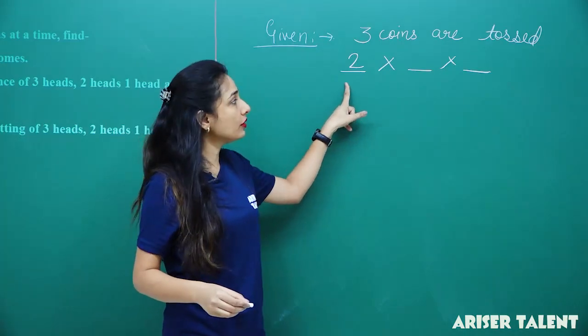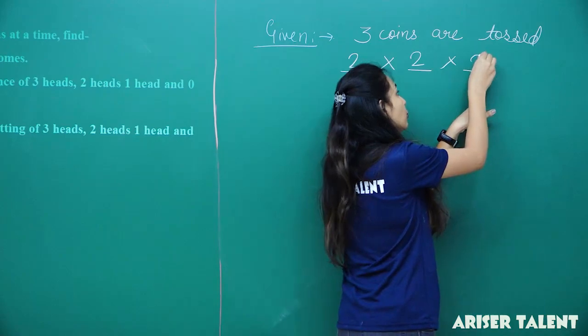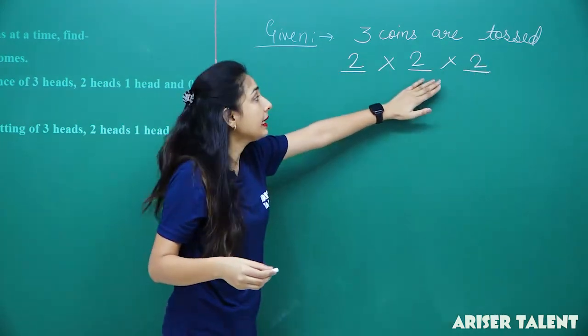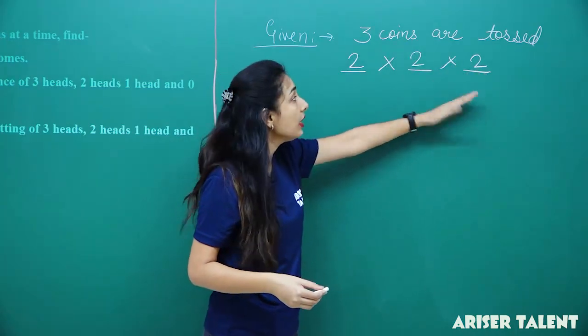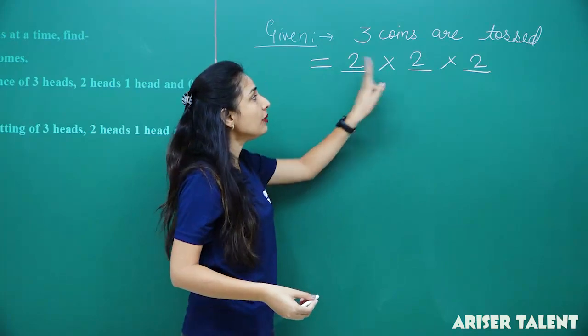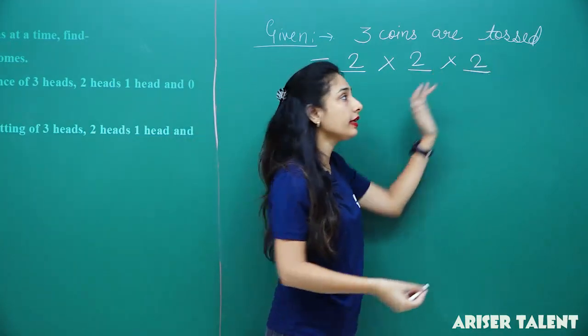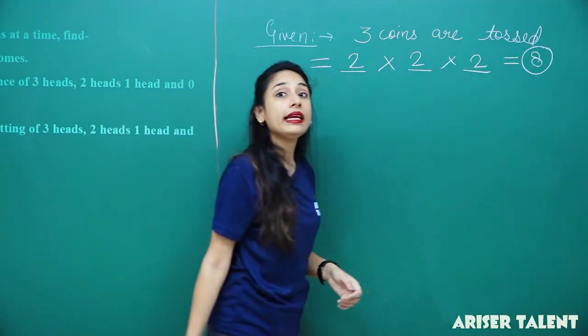If I am talking about the second coin, again 2 outcomes, and again 2 outcomes for the third. So, getting the combination of these 3 coins tossed, we will be getting multiplication in between, and 2 multiplied by 2 multiplied by 2 is 8. So, we will be getting a total of 8 outcomes.